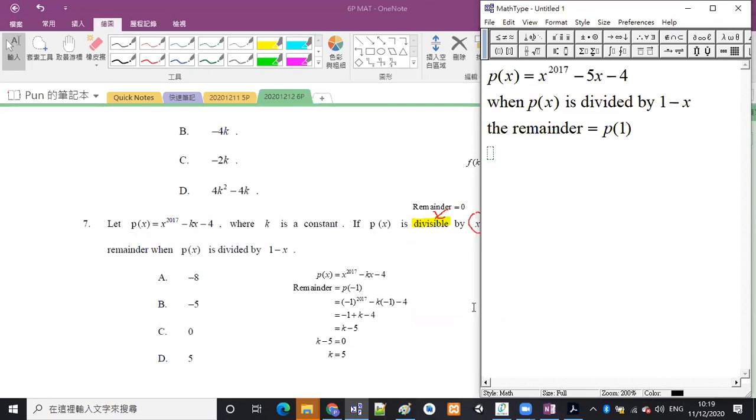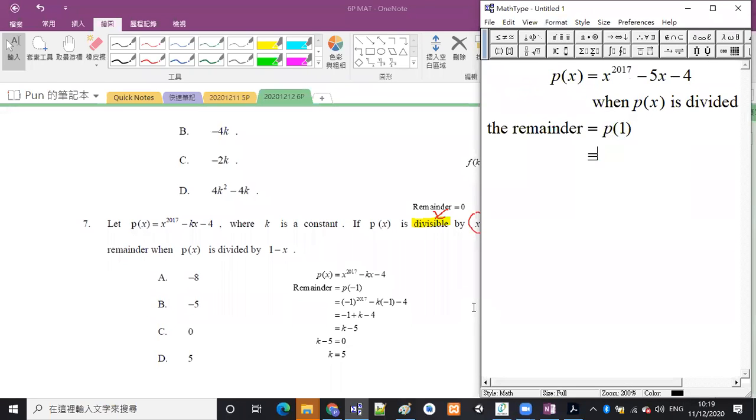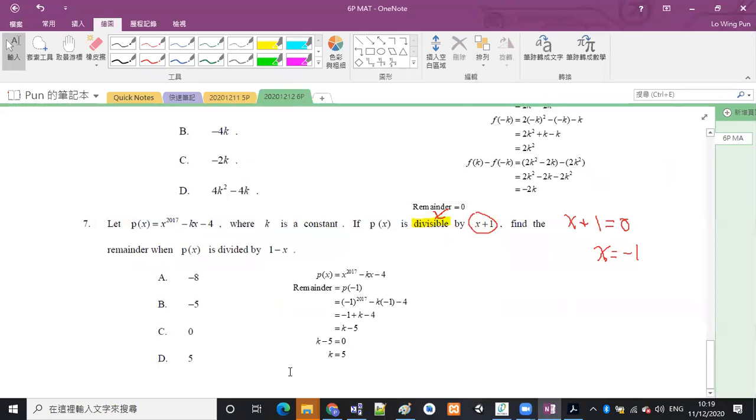Okay, and now p(1) will be equal to 1 to the power 2017 minus 5 times 1 minus 4. Any power of 1 is equal to 1. And then the final answer will be negative 8. Okay, so that is what the question asks to find.